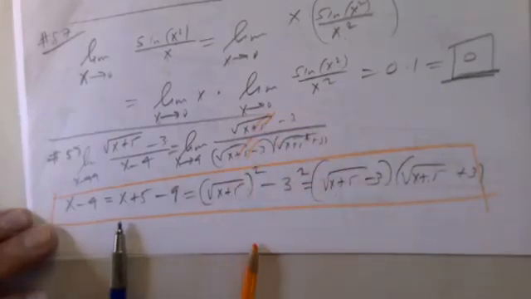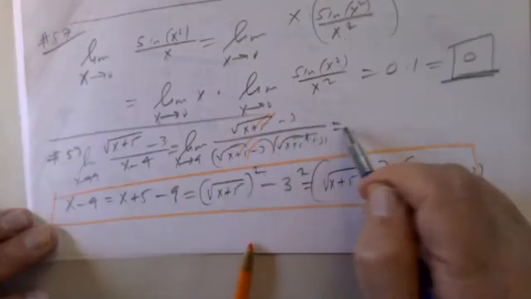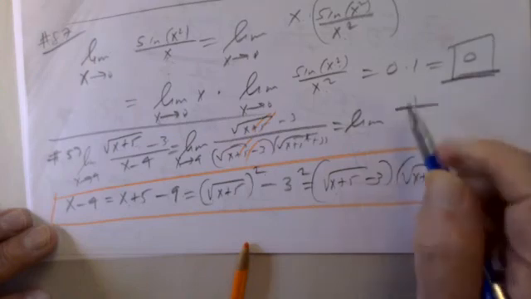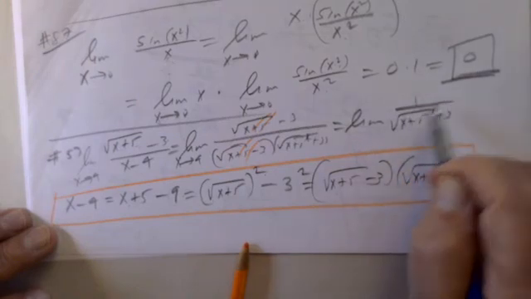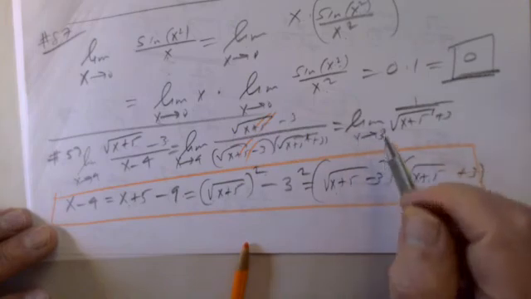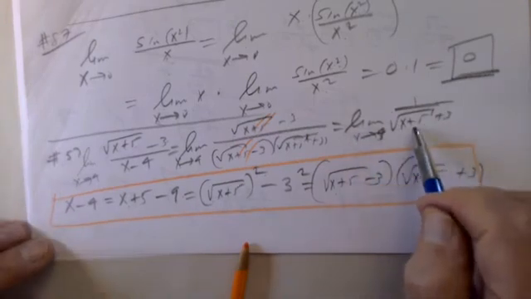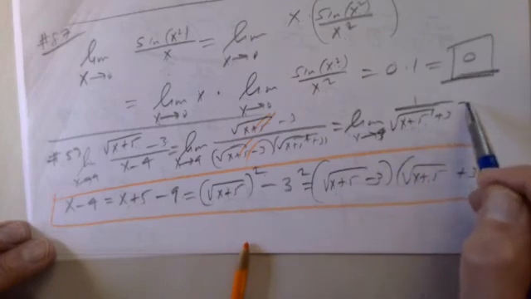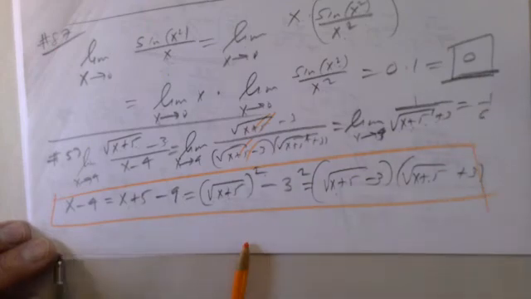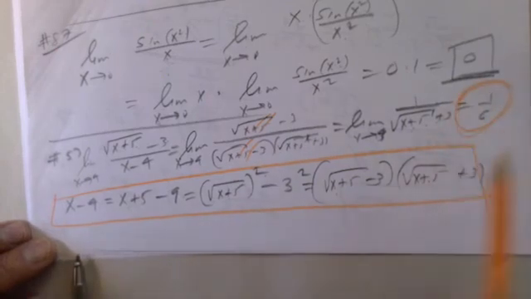And these terms cancel. So we just get a 1 in the numerator, and the square root of x plus 5 plus 3 in the denominator as x goes to 4. As x goes to 4, x plus 5 is 9, square root of 9 is 3, 3 plus 3 is 6. So the answer is a sixth.